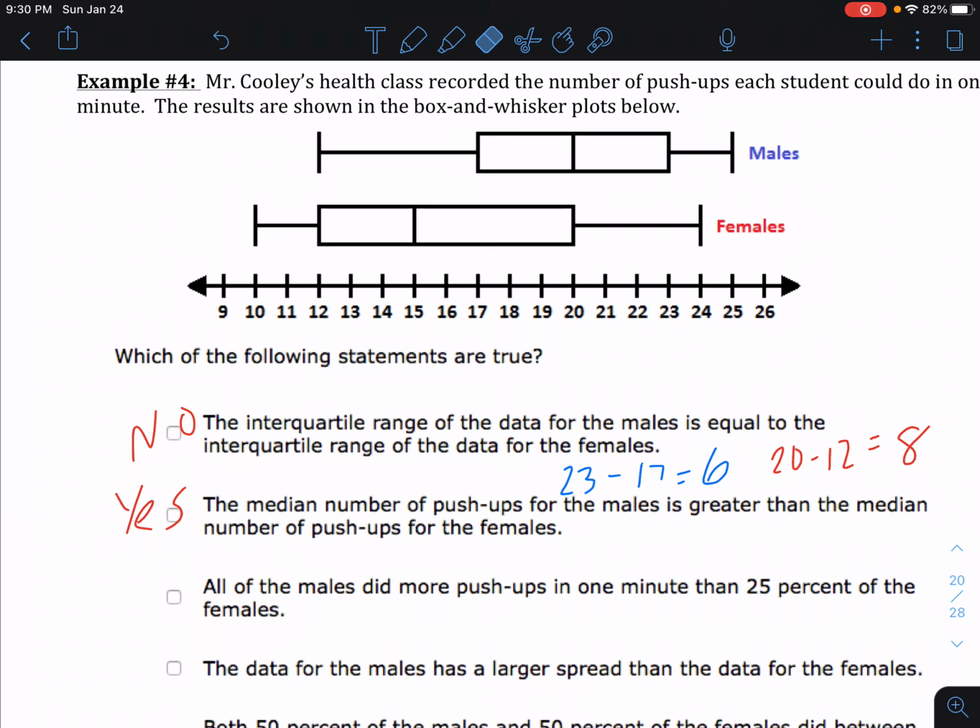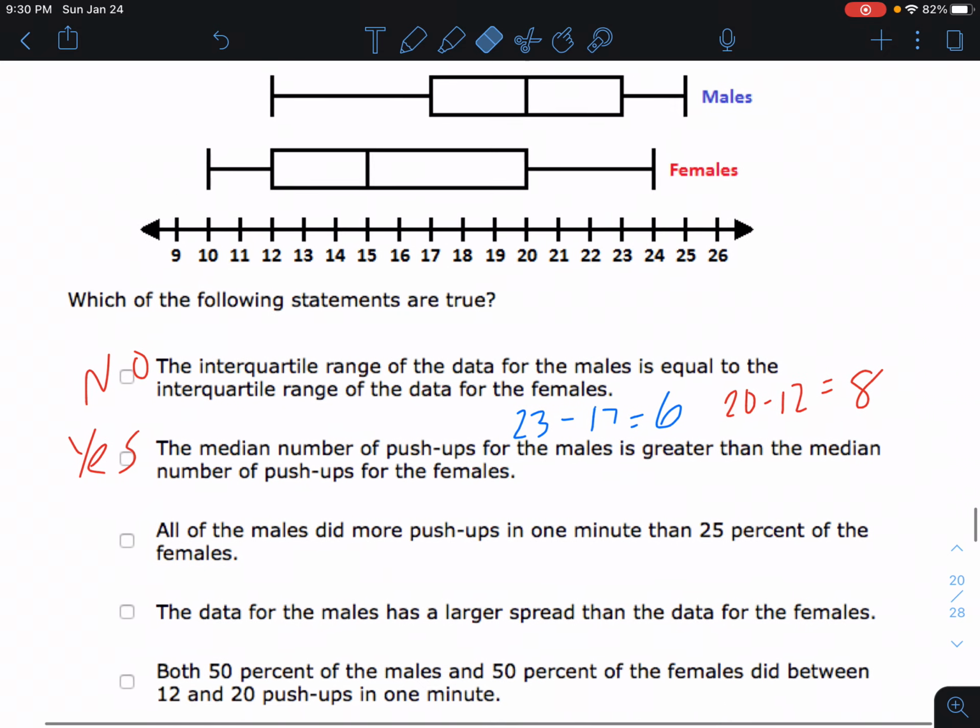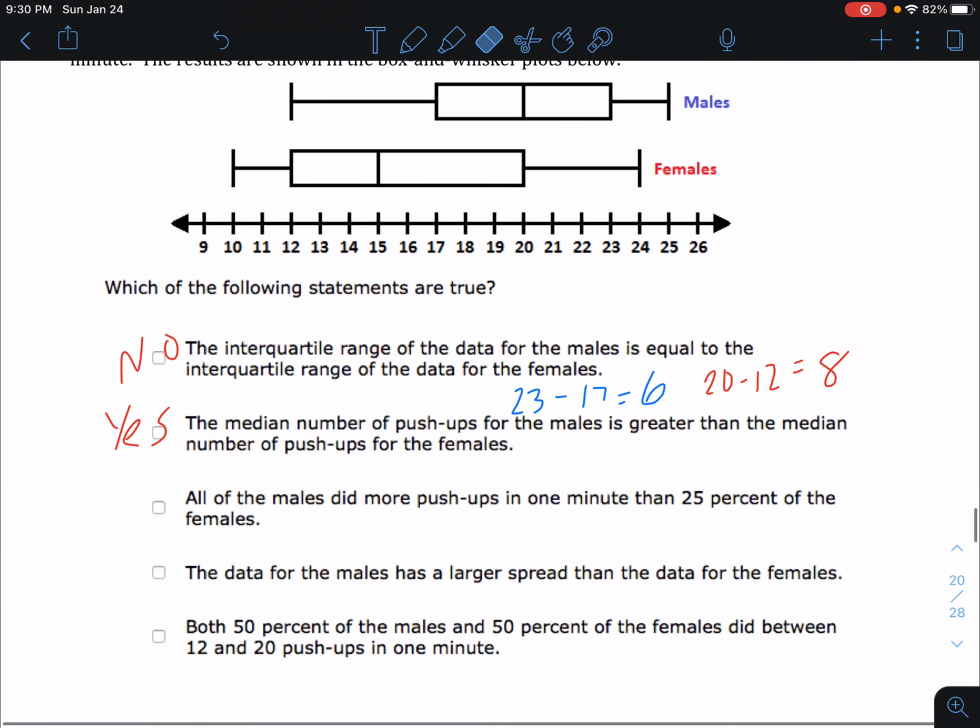Actually, we're going to check out more statements. This is actually not just a single multiple choice. This is one of those things where you have to check all boxes that are true. So we do have to test all of these out. So the third one, all of the males did more push-ups in 1 minute than 25% of the females. So that would be a true statement.